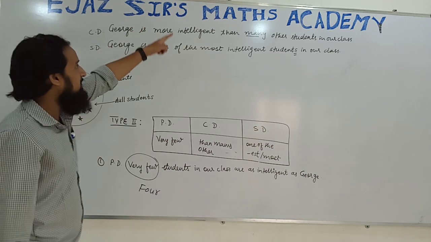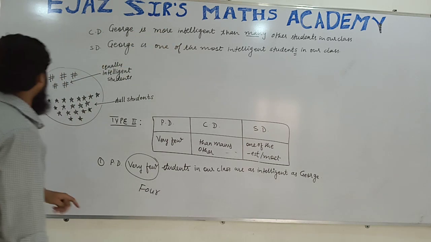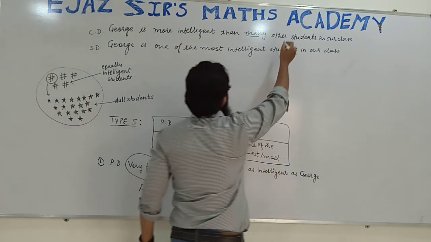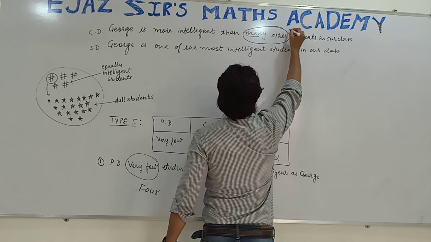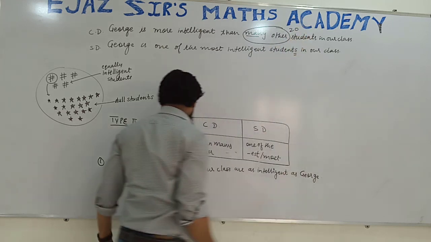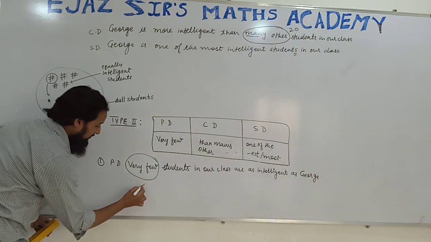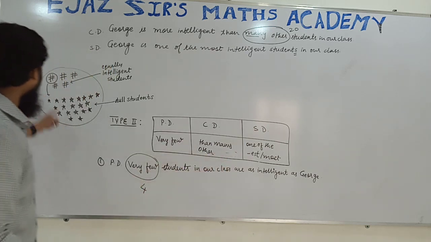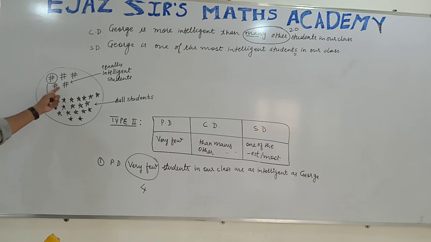George is more intelligent than many other students. So suppose this is George. George is more intelligent than these many 20 students. Okay, here many other means 20. Many other means 20. Very few means 4. So 4 students in our class are as intelligent as George. They are equally intelligent to George.